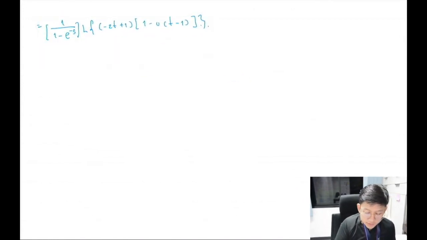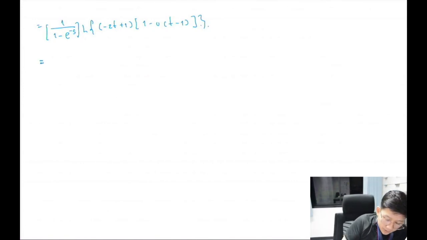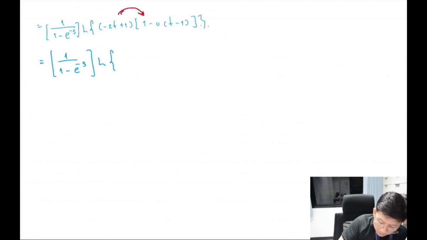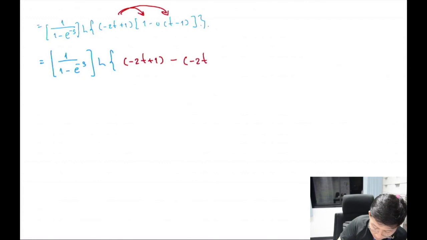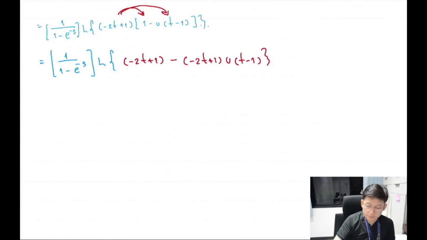Okay, next, if you want to find the Laplace transform for this, it is actually 1 over 1 minus e to the minus s, and then the Laplace transform of, just distribute this in there, right? So you get minus 2t plus 1 minus (minus 2t plus 1) u(t minus 1). Does it make sense?